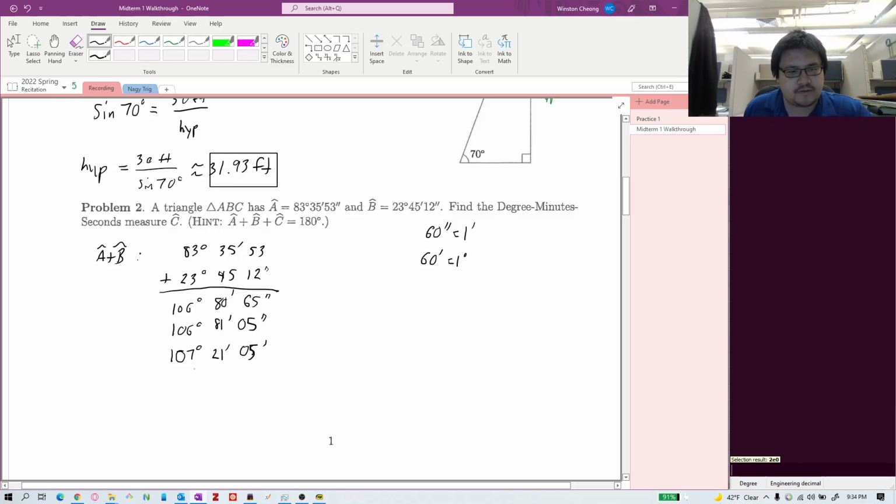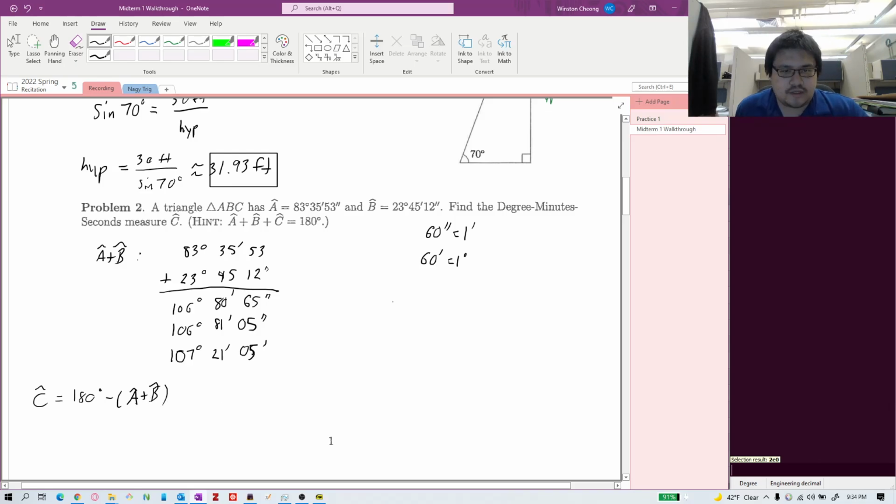Okay, we got a plus b. And then what we need to do now is 180 degrees minus this quantity. So the plan was that c is 180 degrees minus this sum a plus b.